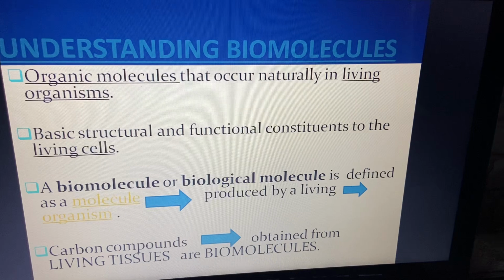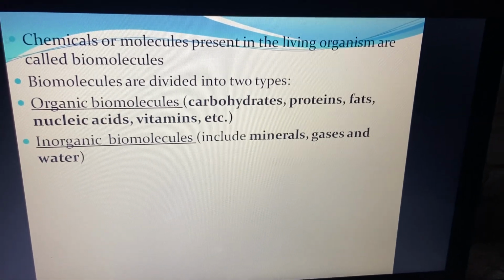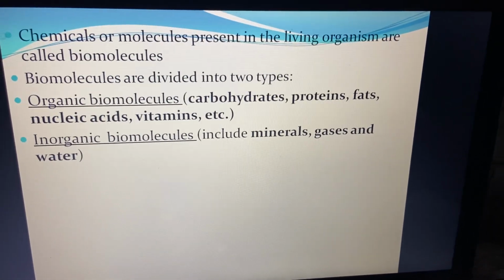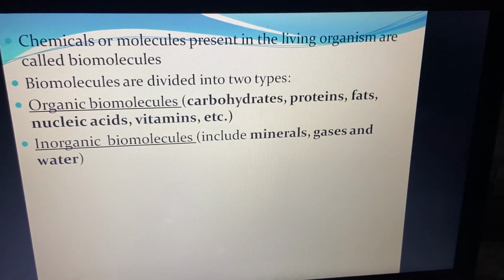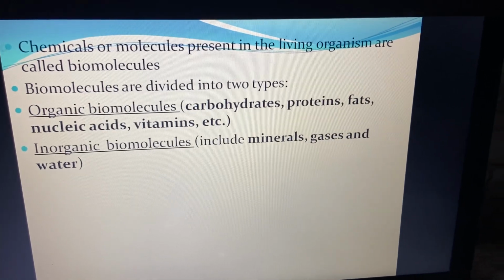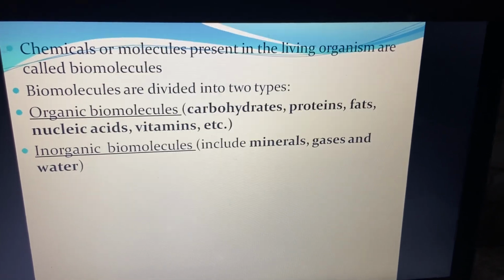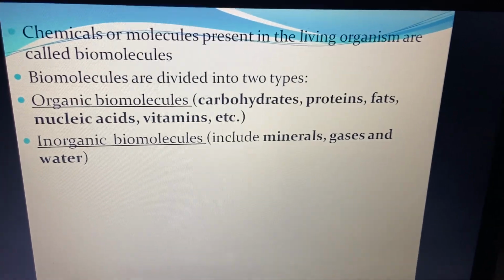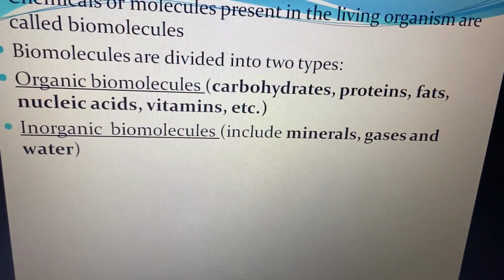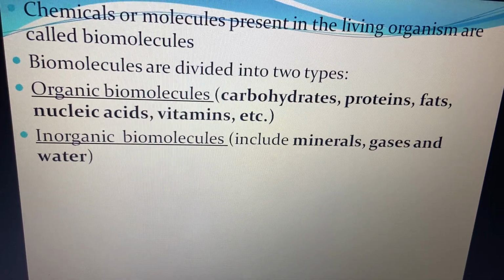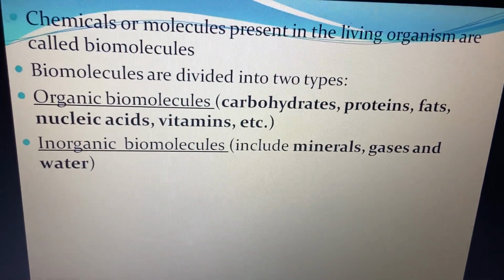Biomolecules can be divided into two categories: organic biomolecules, which are composed of carbon, hydrogen, oxygen, for example carbohydrates, proteins, fats, nucleic acids, and vitamins, and inorganic biomolecules, which are minerals, gases, and water.